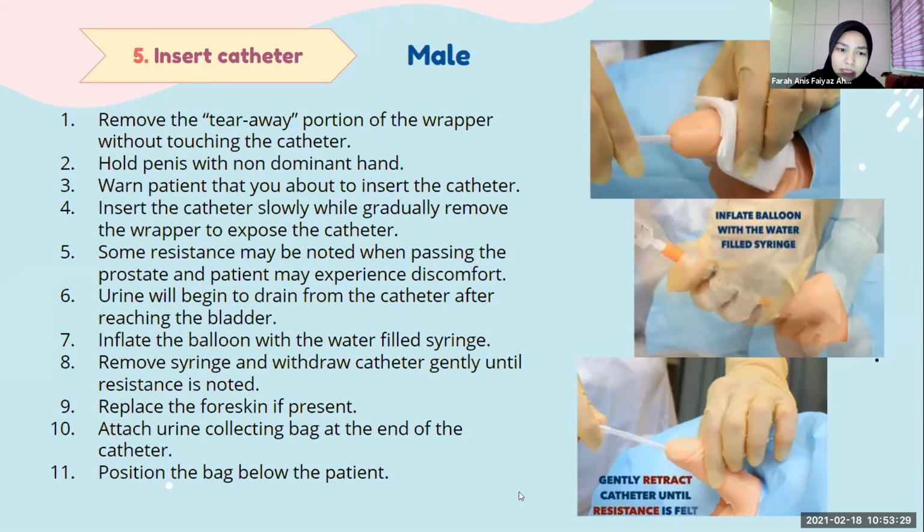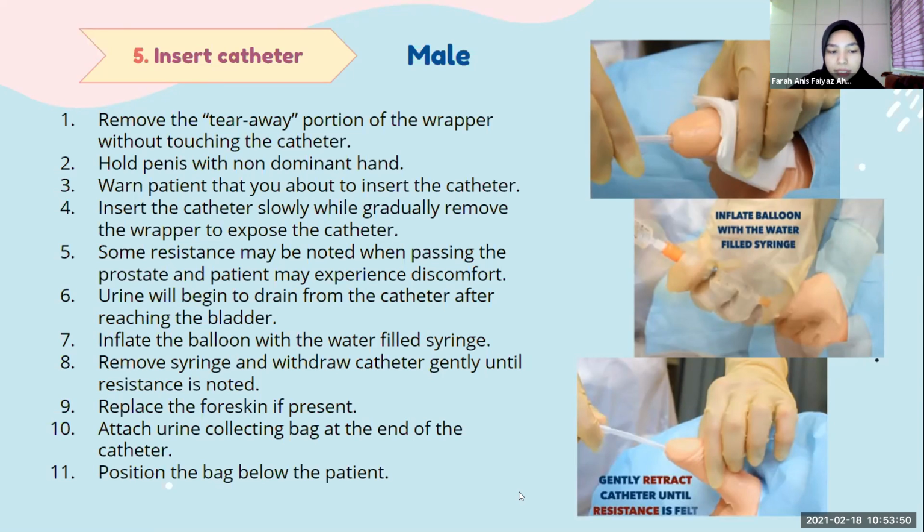We may feel some resistance when passing the prostate, and the patient may experience discomfort. After reaching the bladder, the urine will begin to drain, and this indicates that the catheter has reached the bladder.